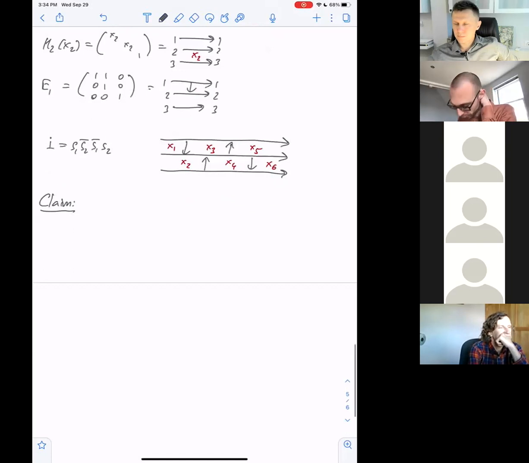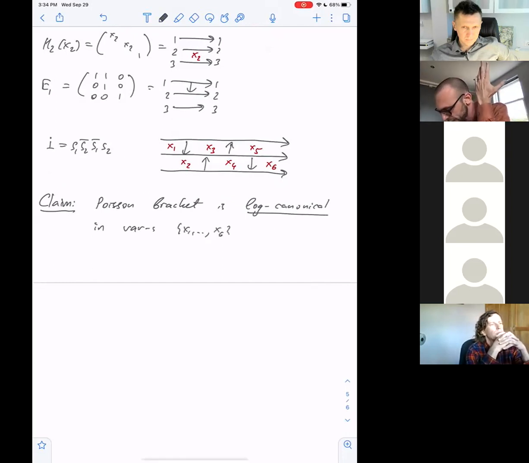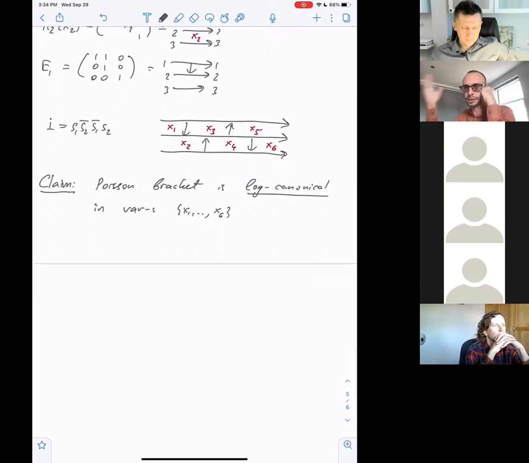And the claim is that the Poisson bracket is log canonical in these variables x1, well, in this case 6, in general, of course, x1 up to xd, the dimension of our double Bruhat cell.